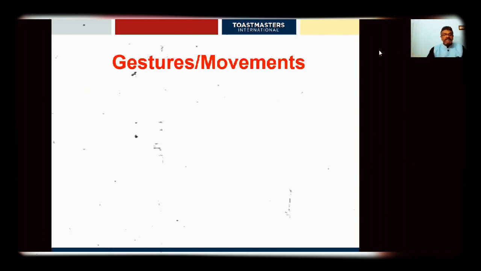Gestures and movements. Contestants, kindly do planned movements and gestures during the contestant briefing to ensure they will remain in the frame. So when you're doing a contestant briefing, when your camera is on, make sure that your gestures are within the framework. Otherwise, if you don't practice this, for example, my hand will go beyond the camera.